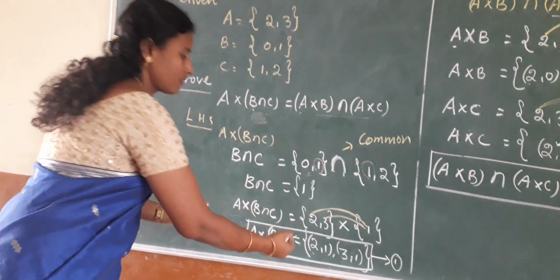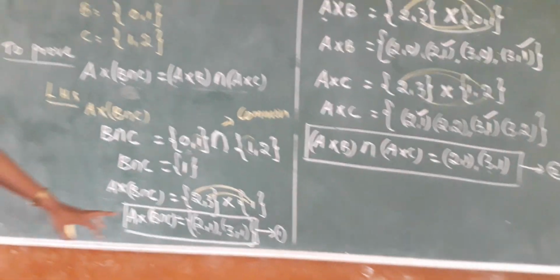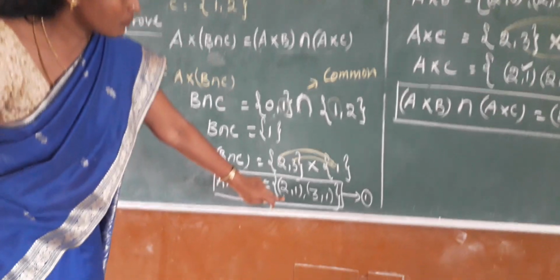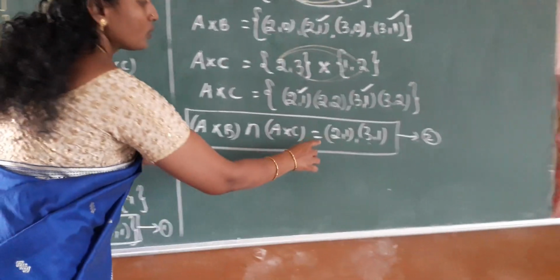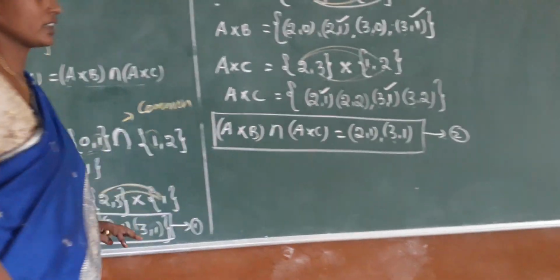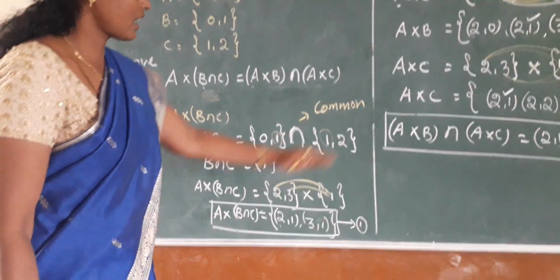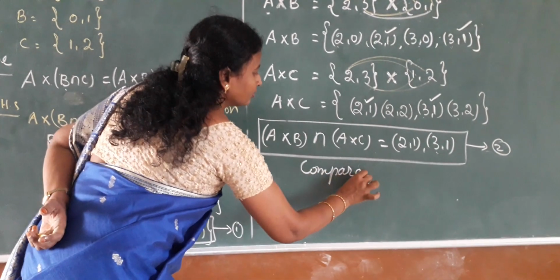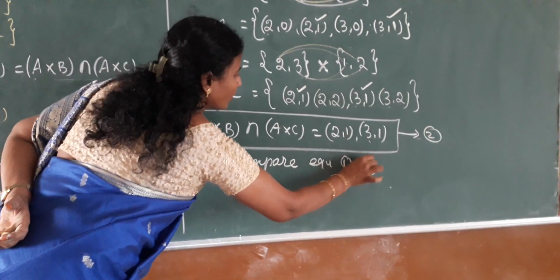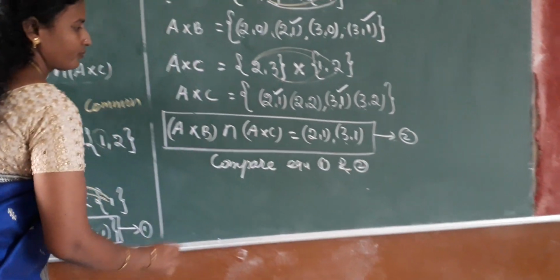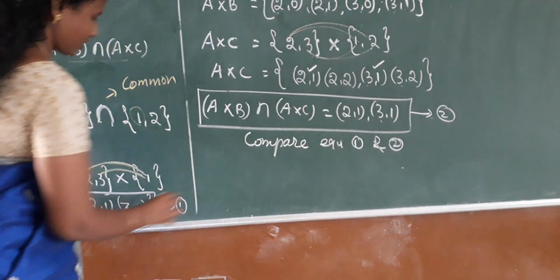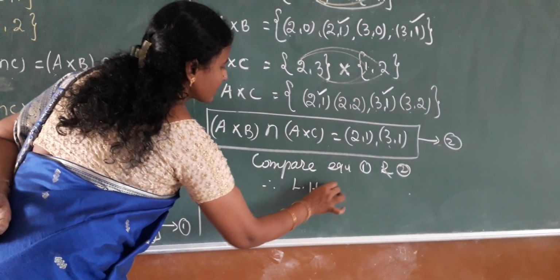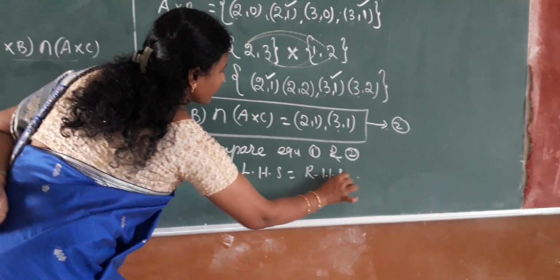So compare equation 1 and 2. Equation 1, what is the answer? 2, 1 and 3, 1. Equation 2: 2, 1 and 3, 1. Super. Very good. So both answers are equal. Therefore the left hand side is equal to the right hand side.